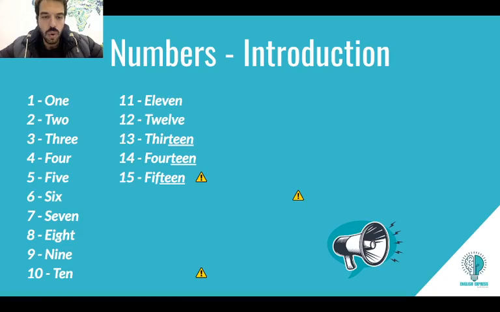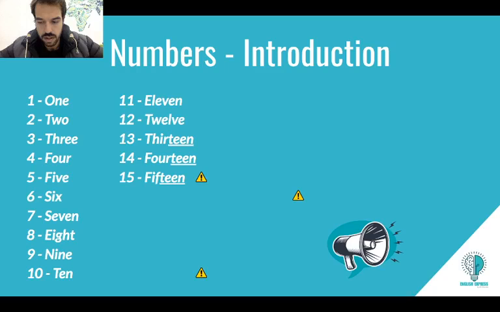Well, why did I stop in 15 and there is an alert in 15? Because it's very common that people mispronounce 15, and it's not said that way, it's 15. Okay, so no, that mispronunciation doesn't exist.